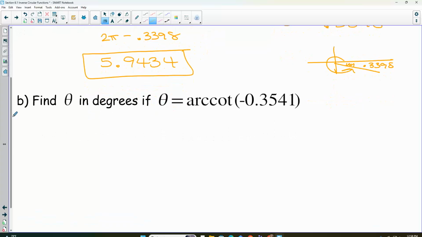Alright, B, this time I asked for degrees, so go ahead and flip your calculator into degree mode. Cotangent inverse can be in which quadrants? But it's negative, so it'd be quadrant 2. Reference angle, we don't have a cotangent inverse button, so you have to do tangent inverse of 1 over 0.3541. So second tangent, 1 divided by 0.3541.